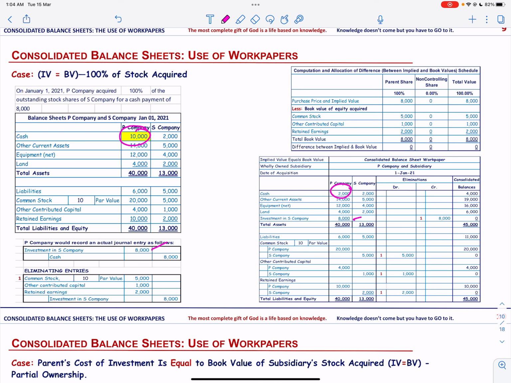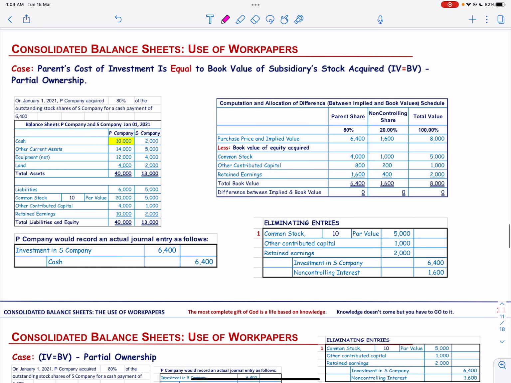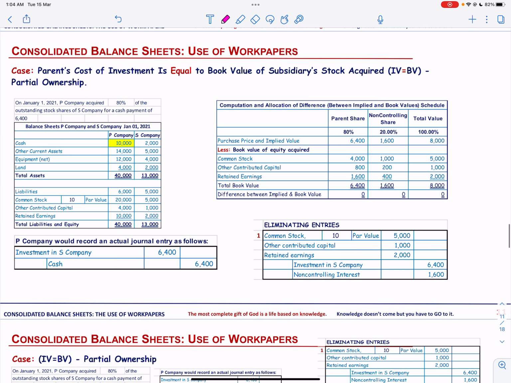Let us look into another case where implied value is equal to the book value, but the parent company acquires less than 100%. In this case, P acquires less than 100%, so we introduce a non-controlling interest.